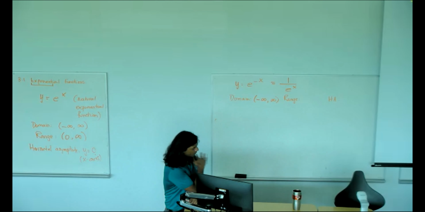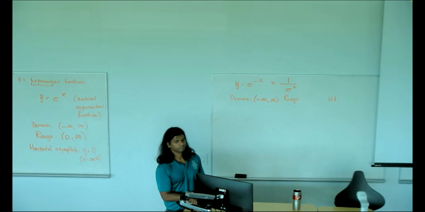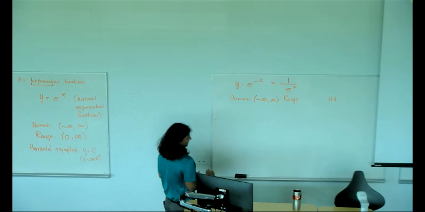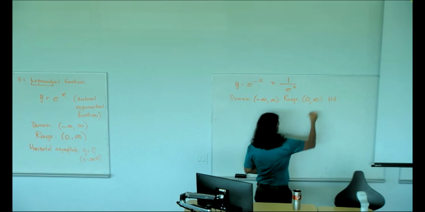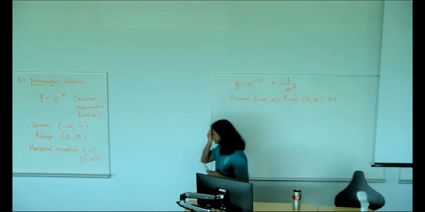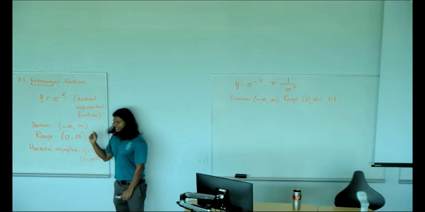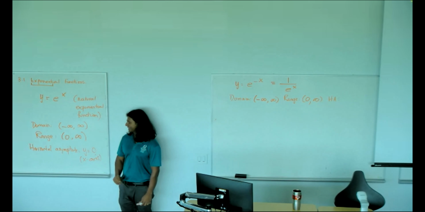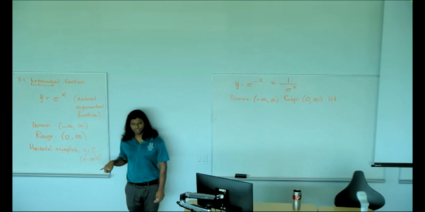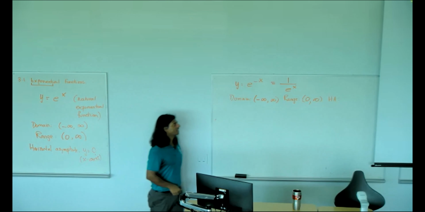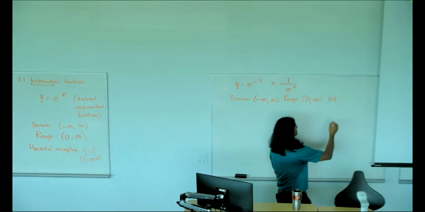No. So still 0 to infinity. If the domain is the same, the range is the same, and both of them are exponentials, the horizontal asymptote has to be the same. So y equals 0.